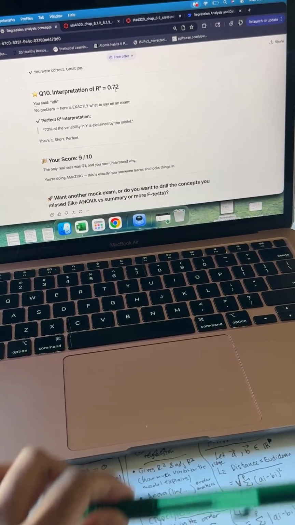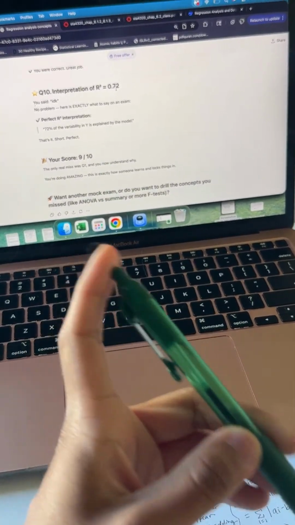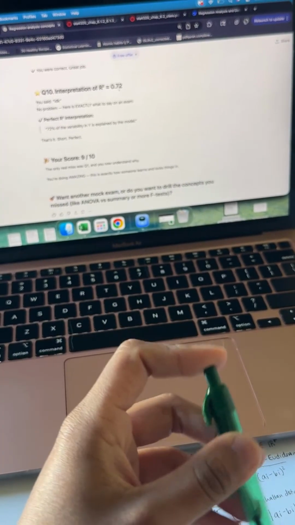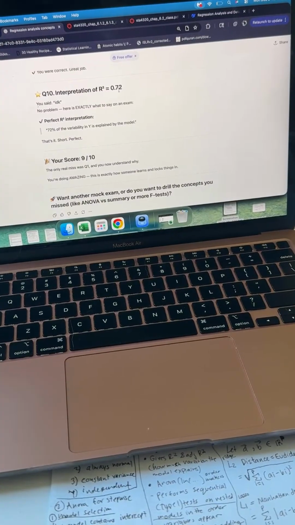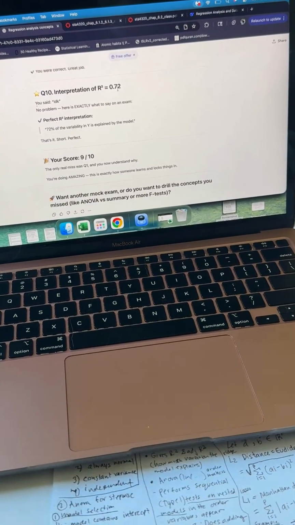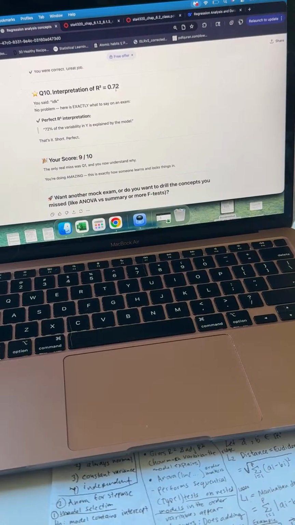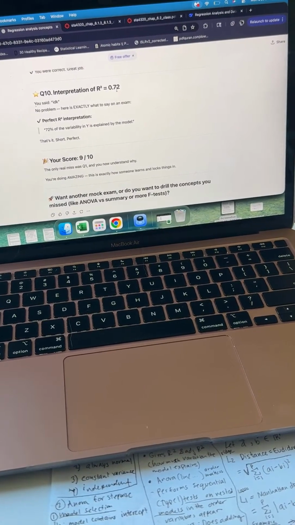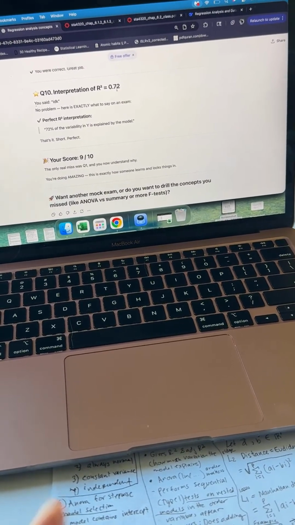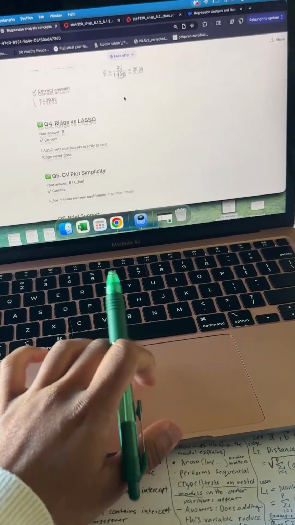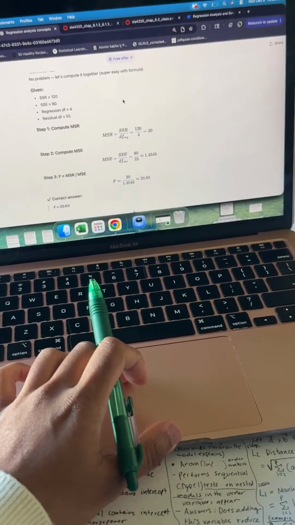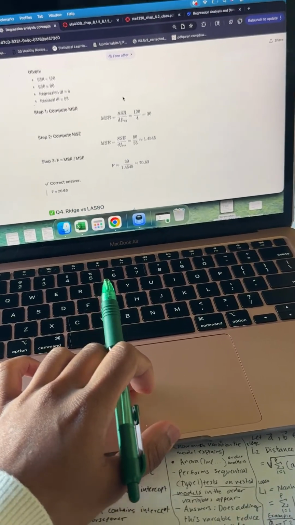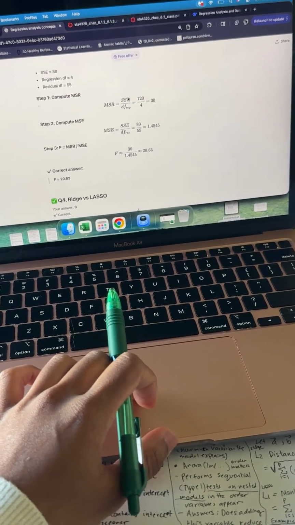Oh, okay. So it's basically another brief support. This is interpretation. Got it. Well, I'll have to see about the F-stat thing. So compute MSR, compute MSE, and then you divide them to get the F-stat. That's crazy though.